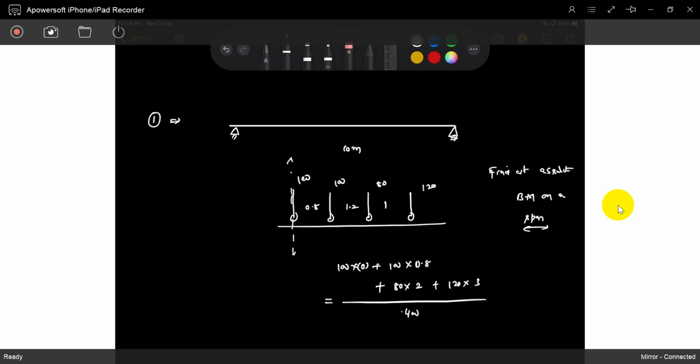What is that value? This value is 2.33, minus 1.5. I think it's 1.5.